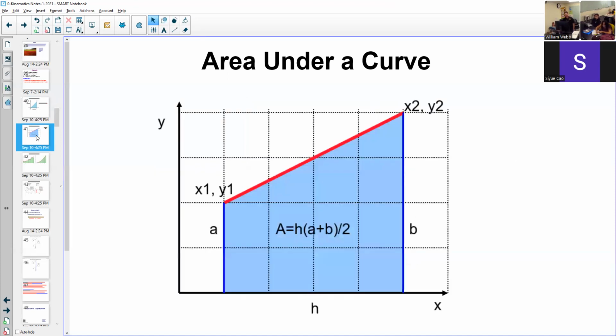All right. Another example, you might see something like this where you also have a nice positive constant slope, but maybe you're only trying to find the area of a certain portion, not the whole part. Then you might get a section that looks more like this instead of a triangle or a rectangle or a square.